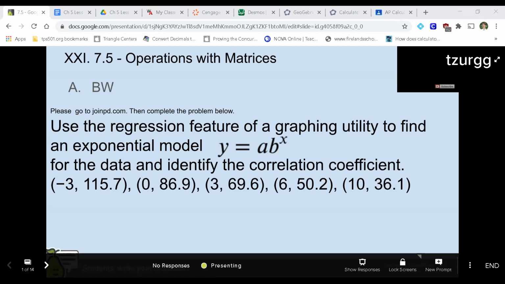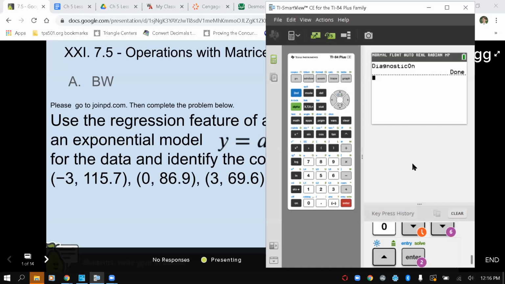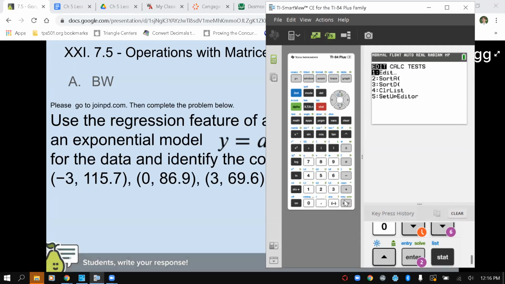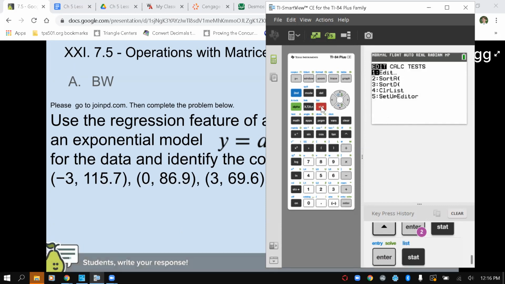All right. So let's go over how to do this. So stop share. We share the whole screen. All right. So what you need to do in order to perform an exponential regression is hit stat on your calculator, then edit, type the X values as your list 1, the Y values as list 2, and then stat.